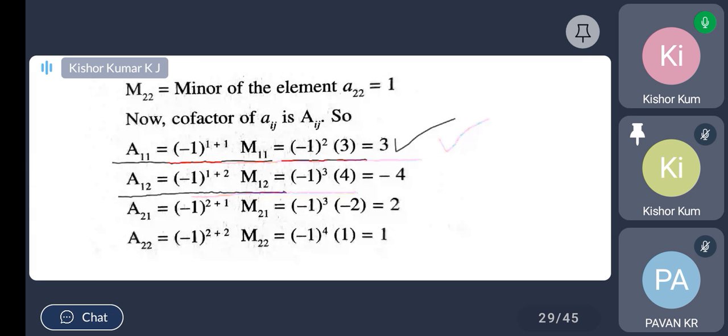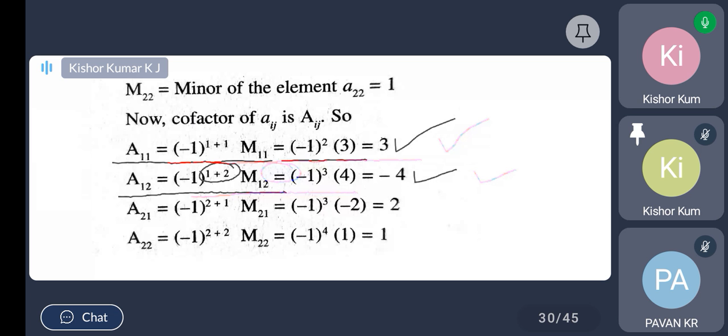Just do the replacement. 1 plus 2 is 3. So minus 1 to the power 3 into 4. Minus 1 whole cube is minus 1 only. Minus 1 into 4 will give us minus 4. Don't forget to consider the signs. It is very, very important.